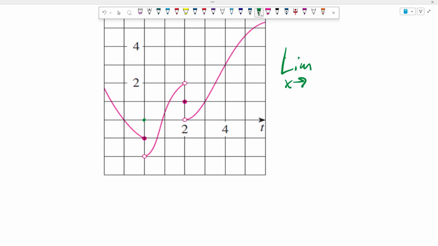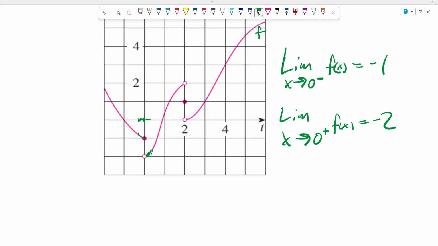As x approaches 0 from the left, let's call this f, as x approaches 0 from the left, f of x approaches -1. What is the limit as x approaches 0 from the right? As x approaches 0, this approaches -2. So both of these limits exist. Anytime you get a number, it exists.